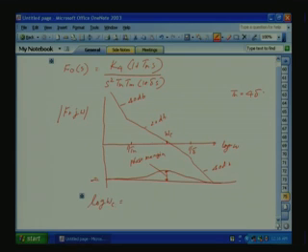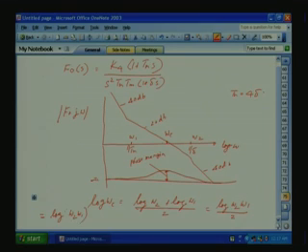Log omega c is equal to log omega 2 plus log omega 1, by 2, where omega 2 is 1 by delta and omega 1 is 1 by Tn. This is equal to log of (omega 2 omega 1) raised to 1 by 2.